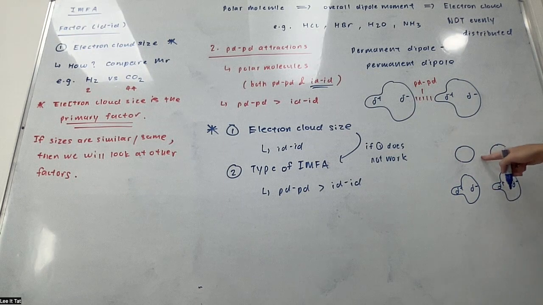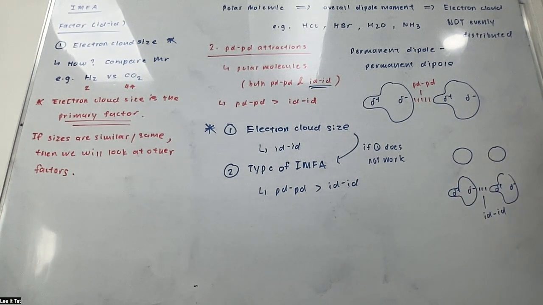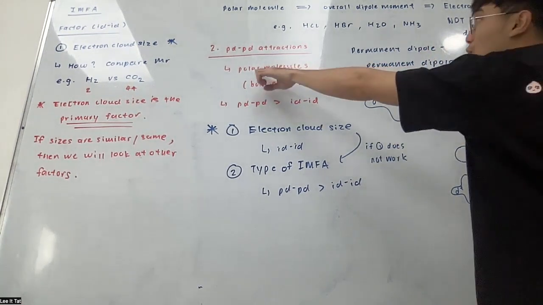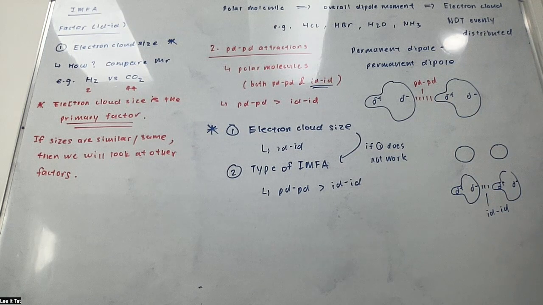But because this was initially non-polar, the interactions here are weaker. This one was created in an instant, instantaneous. Whereas this one is for a polar molecule, where the dipole is already there and will forever be there. This one was only created at any random point in time.